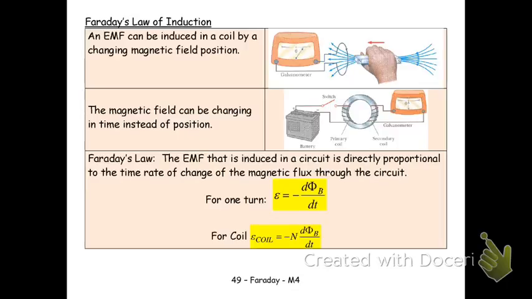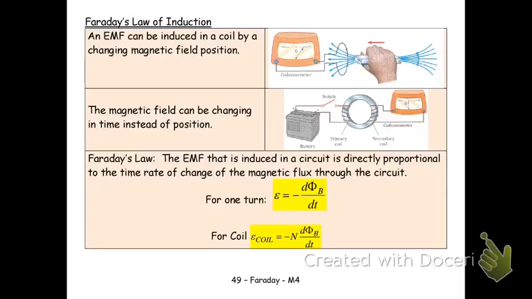If I move the coil and leave the magnet alone, I can get this effect. So it's not about the motion of the magnet per se, it's about the motion of the magnet relative to the coil, relative to this loop of wire.